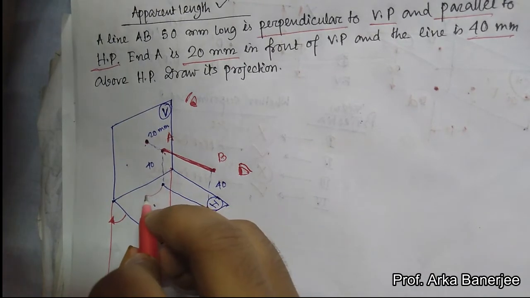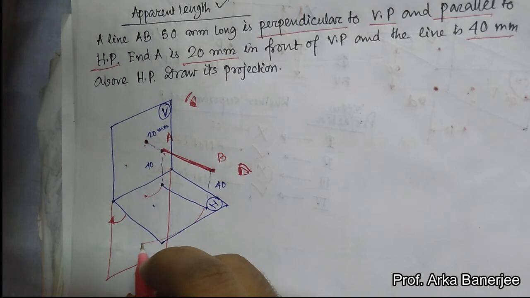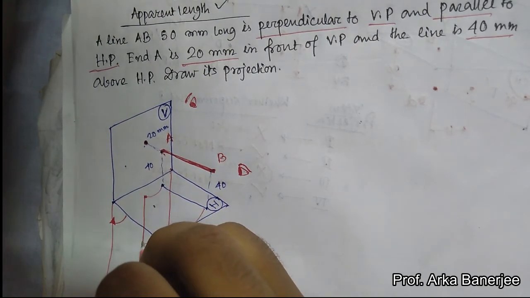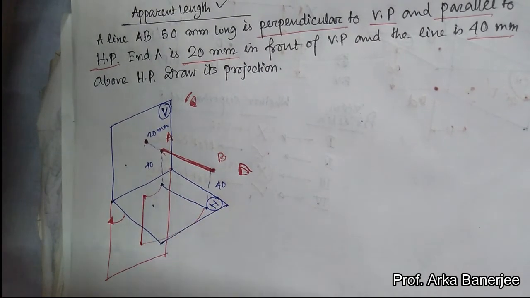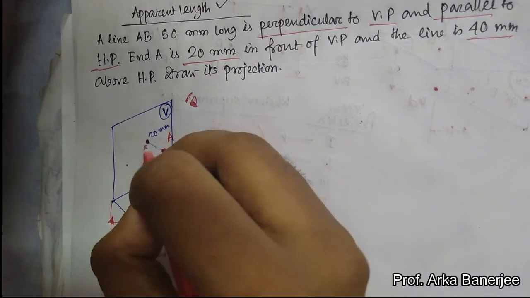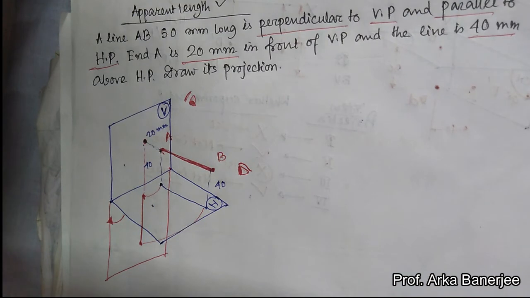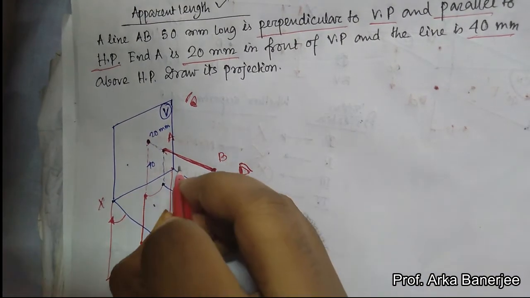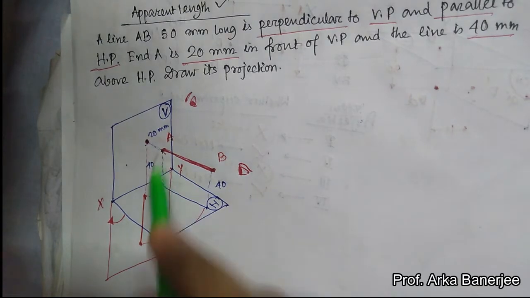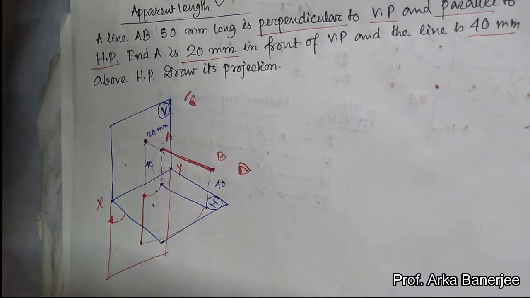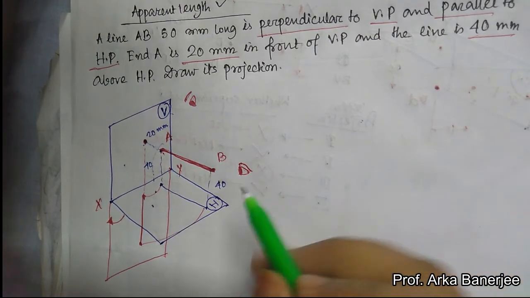Consequently this point will move to here, and this point will move to here. So this will be the position, and by a projection line you can join these two, and this is XY. So on a single plane, this is our projection, and this only we have to now represent.